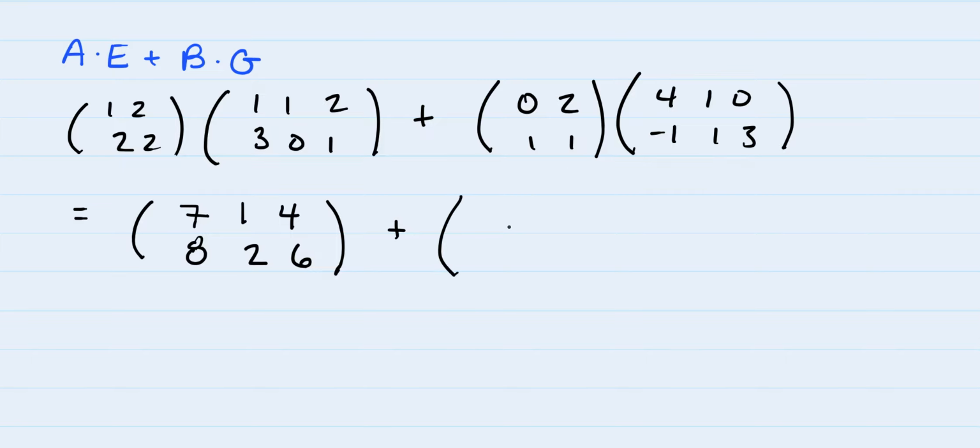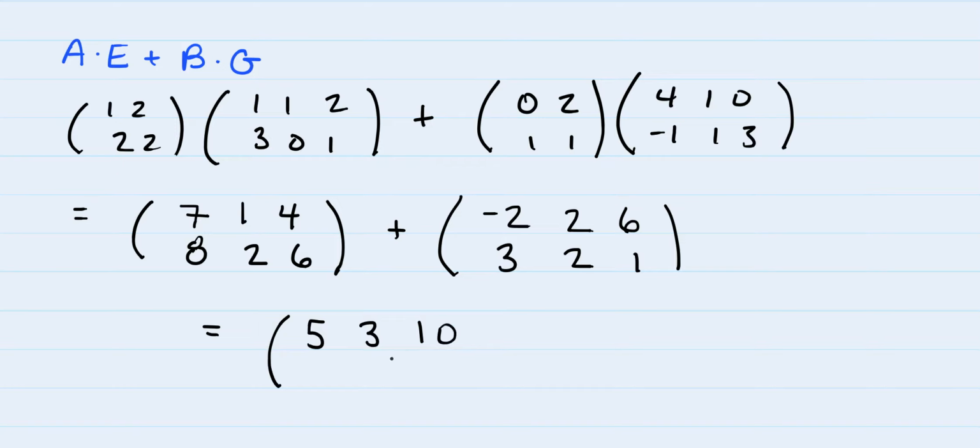Multiply these two together, you get negative 2, 2, 6, 3, 2, 1. And now let's add these. We get 5, 3, 10, 11, 4, 7.